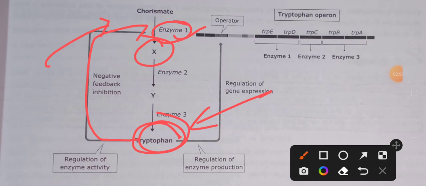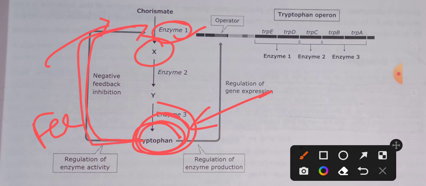So that is the idea of feedback inhibition, where the end product of any multi-step metabolic pathway binds with the first unique enzyme that participates in that particular pathway to stop its production, right? That is feedback inhibition.